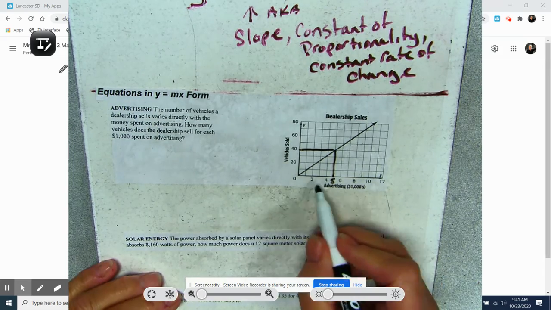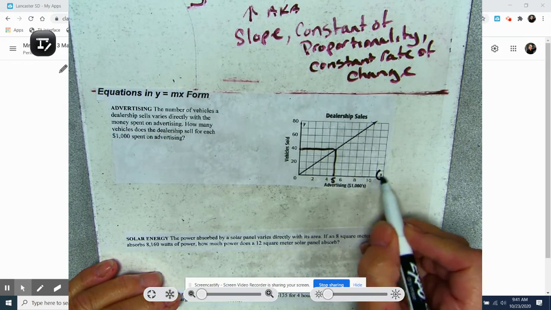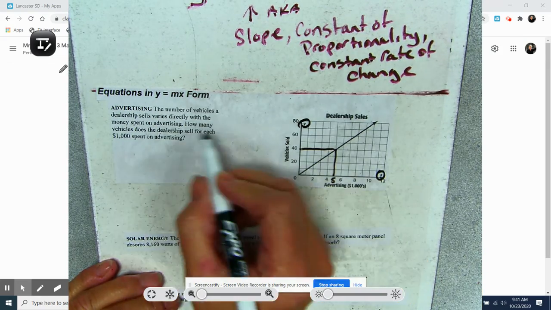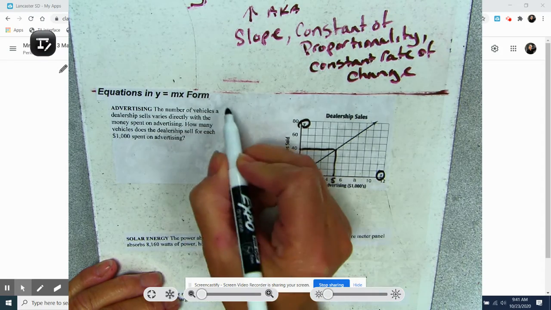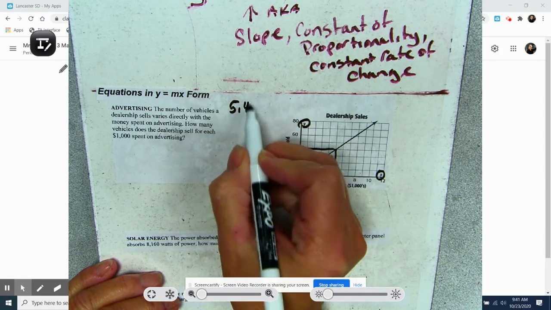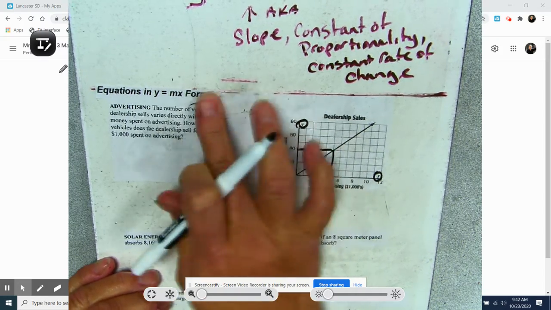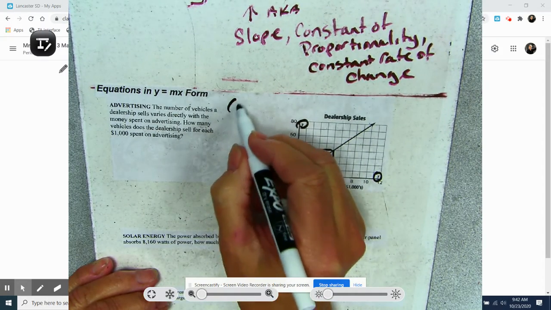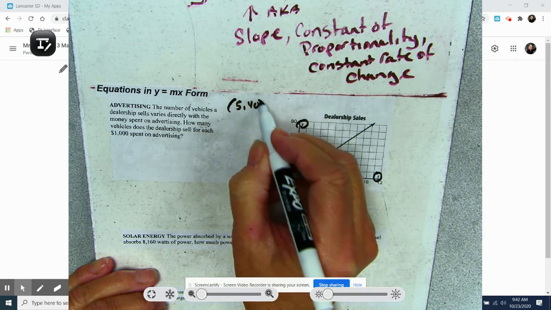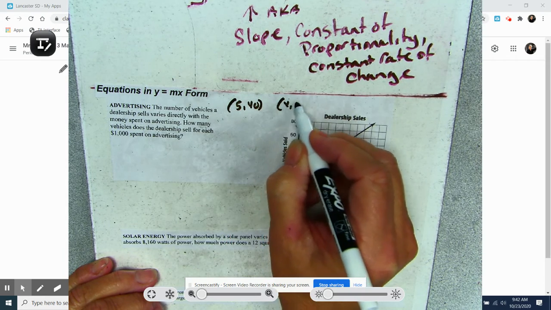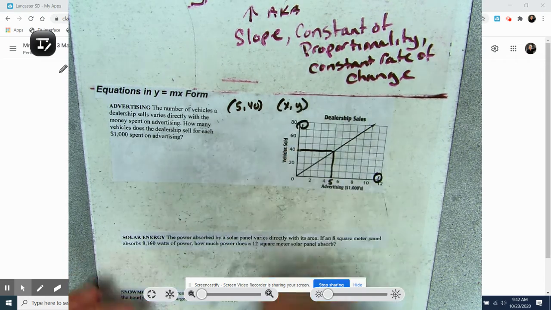So this is x, remember, and this is y. So this is going to be the point (5, 40). Remember, in an ordered pair, it's x and y. So x is always first.